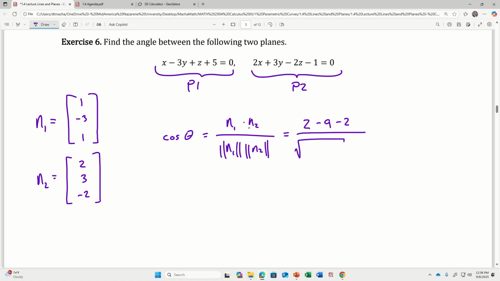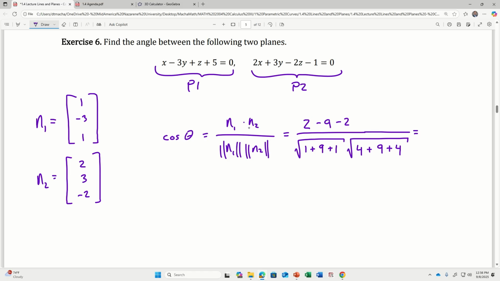The norm of n1 is going to be the square root of 1 squared plus -3 squared plus 1 squared, times the norm of n2, and the norm of n2 is going to be 2 squared plus 3 squared plus -2 squared, and then take the square root.